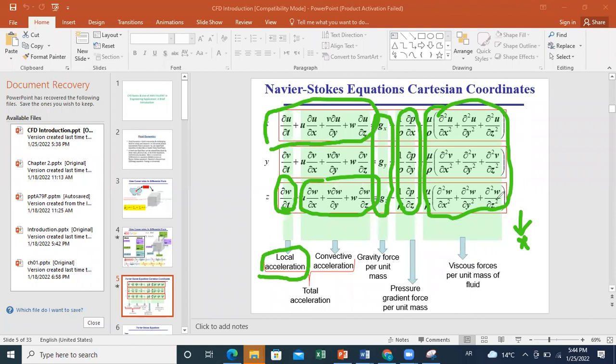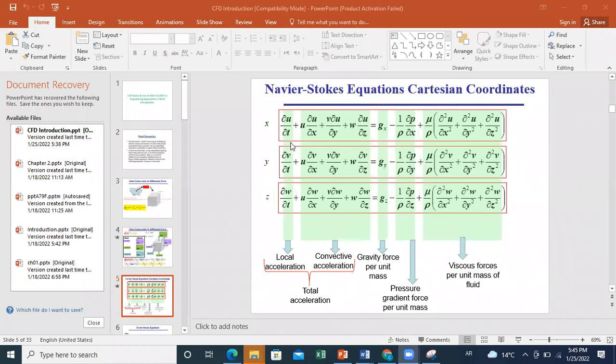If the property is varying with space, this means if my particle is moving from location 1 to location 2, it's experiencing different velocity. This is acceleration with space, which we call convective acceleration. So the total acceleration will be the combination of local and convective acceleration. So these are the Navier-Stokes relations.